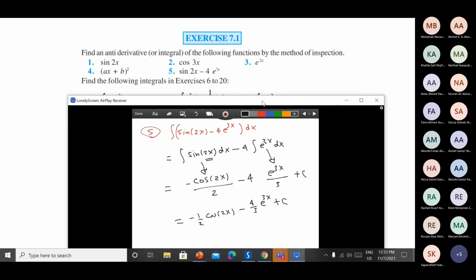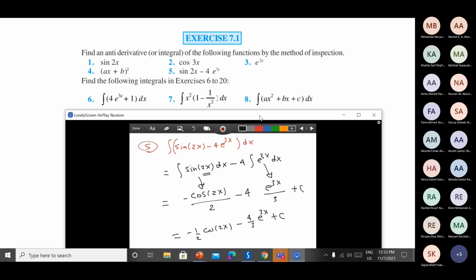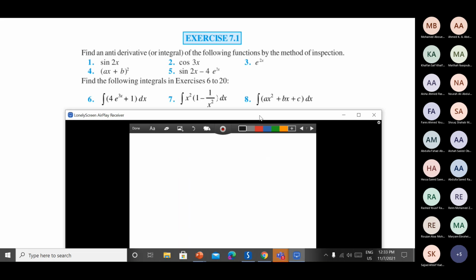Now let's go for the next, which is not different from the one we already have done. What is the integration of 4 e to the 3x plus 1 dx?